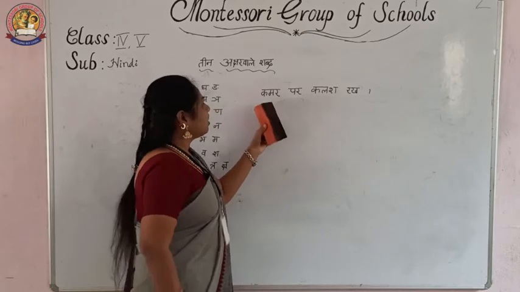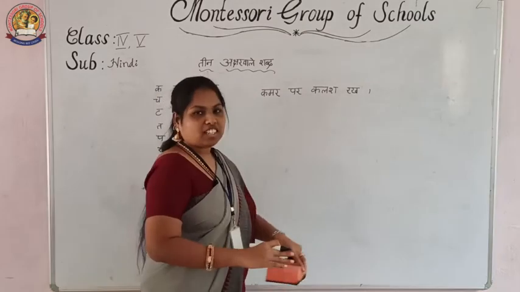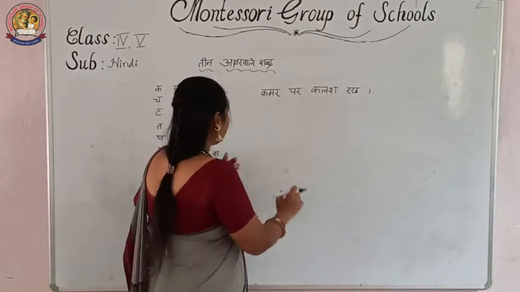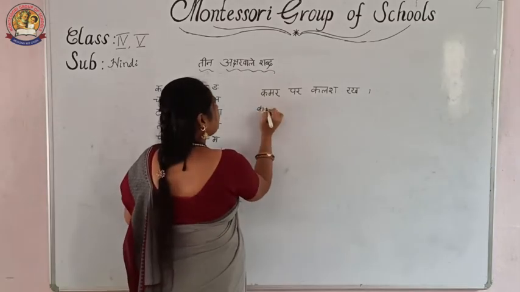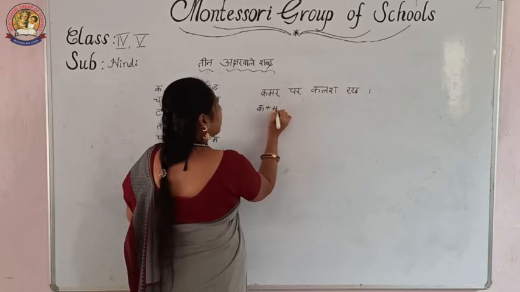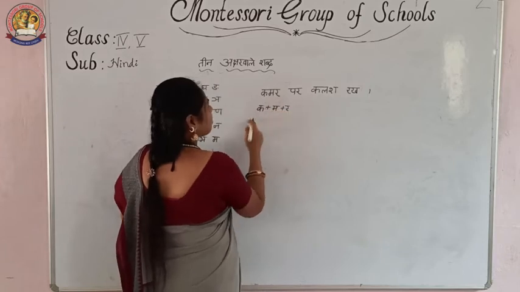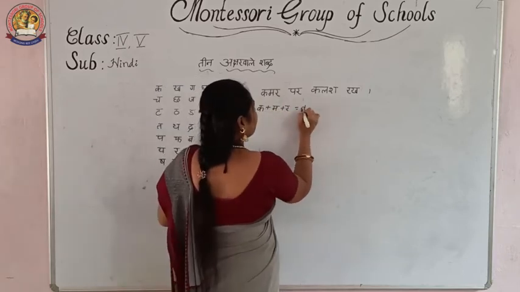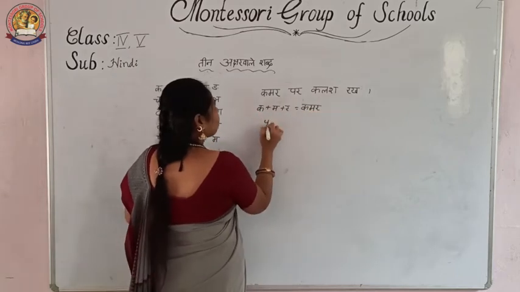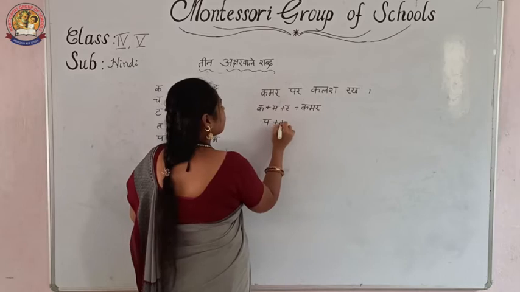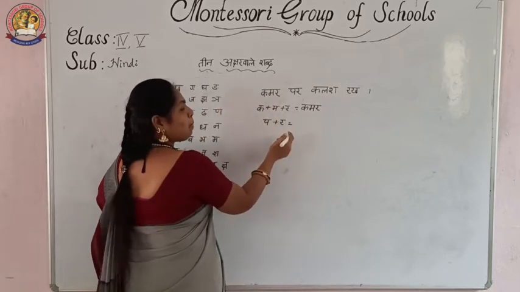Kamar par kalash rakh. How we have to identify? First, what are the letters in this one? Ka plus ma plus ra is equal to kamar. The next, pa plus ra, par.